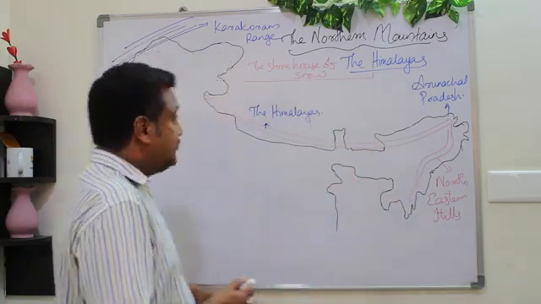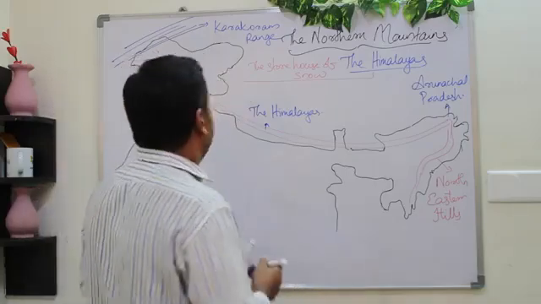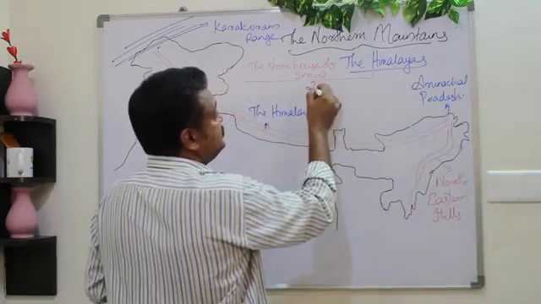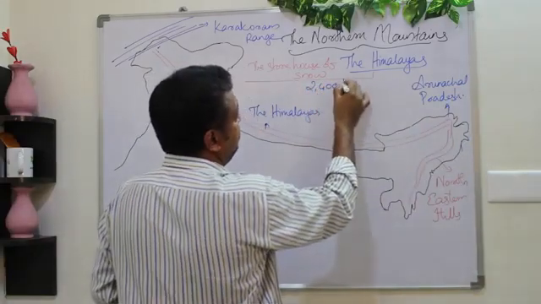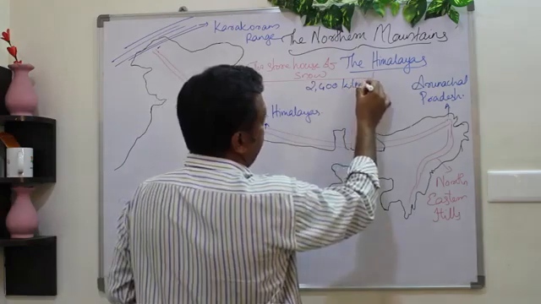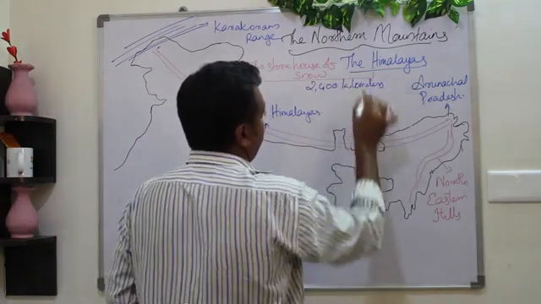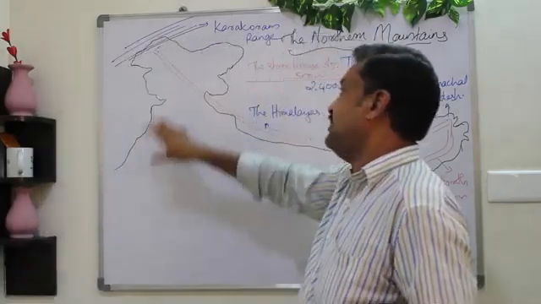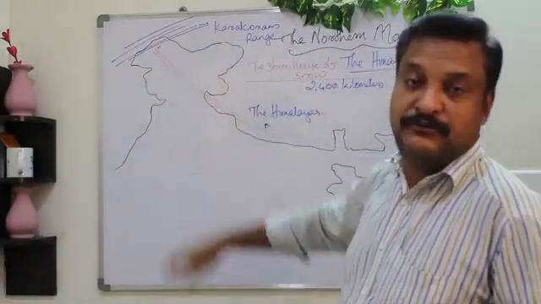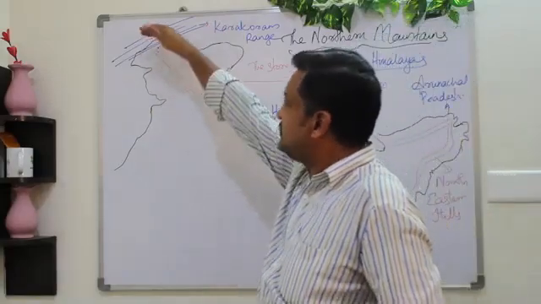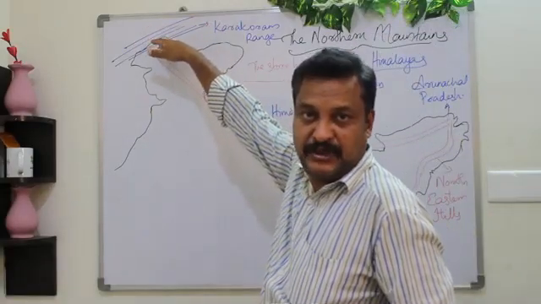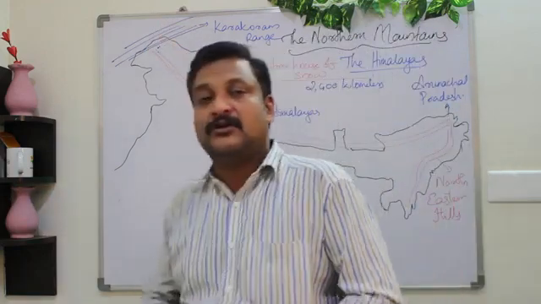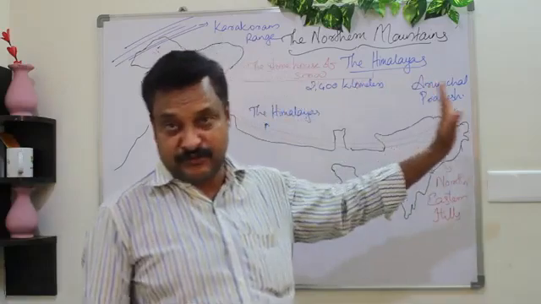Now, the total length of the Himalayas from Kashmir till its end in Arunachal Pradesh is 2,400 kilometers. Okay? So this huge wall of mountains, known as the storehouse of snow, starts just below the Karakoram range in Kashmir, goes in the shape of an arch until it reaches Arunachal Pradesh.